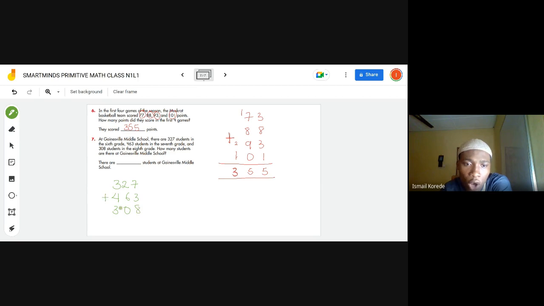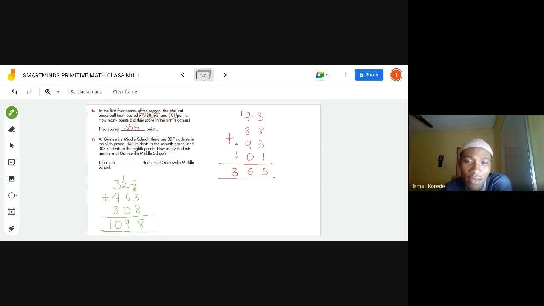So let's sum all these numbers together to know the total number of students in that school. So 7 plus 3 is 10, 10 plus 8 is 18. We write the units, we drop the tens to the next digit. 2 plus 1 is 3. 3 plus 6 is 9. 9 plus 0 is still 9. Good, 9. So 3 plus 4 is 7. 7 plus 3 is 10. So we just drop the 10.